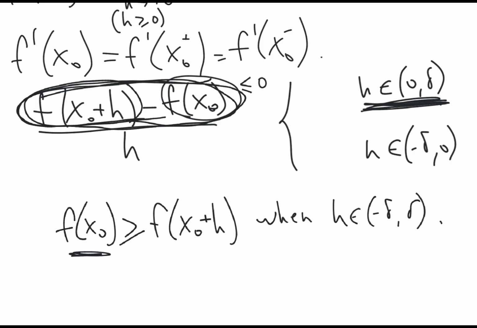And the denominator, its sign depends on whether h is positive or negative. If h is positive, in this interval, then the denominator is positive, the numerator is negative, therefore the whole fraction is negative, less than or equal to 0.